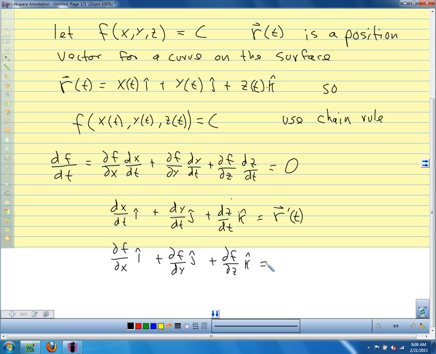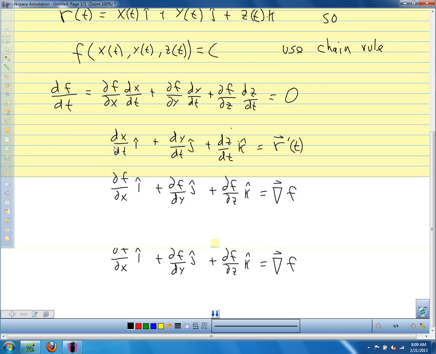It has to do with f prime, but what is it, Molly? This is del f. So what is this quantity where we have the x components multiplied plus the y components multiplied plus the z components multiplied? That's a dot product.